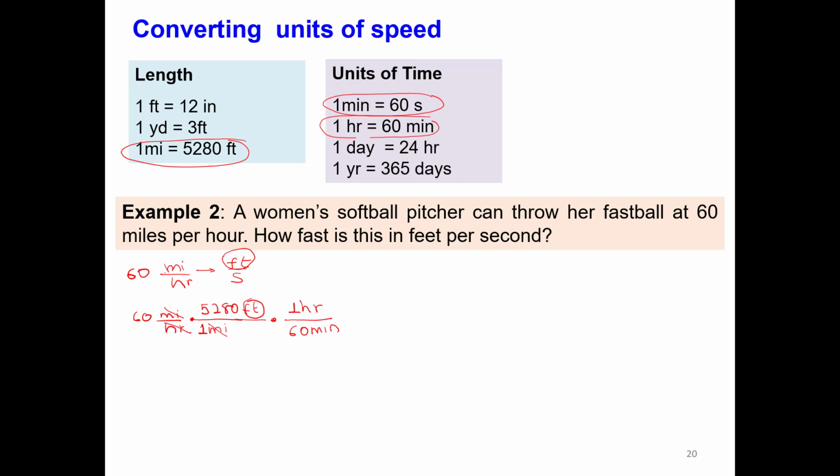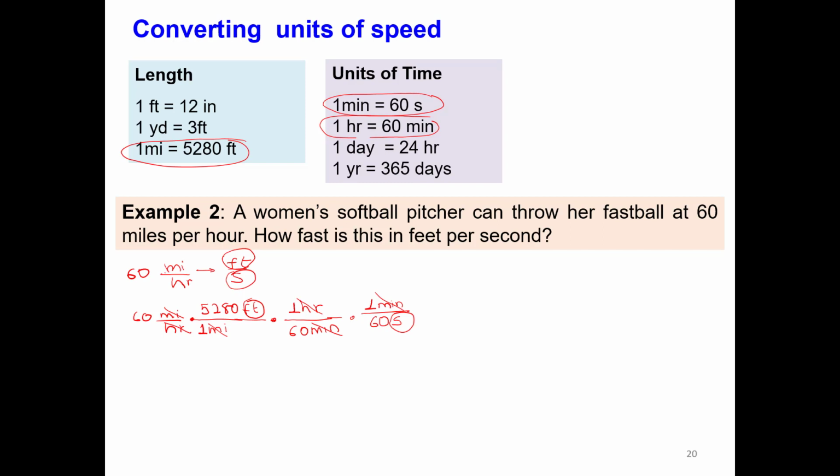In this way, hours cancel out. But we don't want the answer in minutes, we want it in seconds. Then we apply the other conversion factor: 1 minute to 60 seconds. The minutes cancel out, and finally we have seconds, the units we want. We have feet per second.